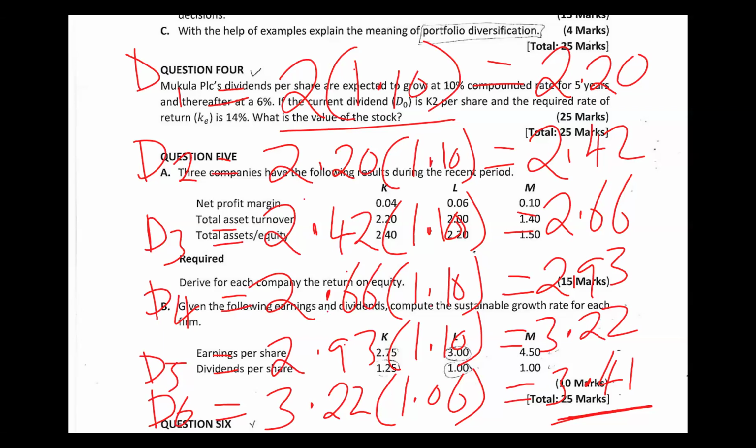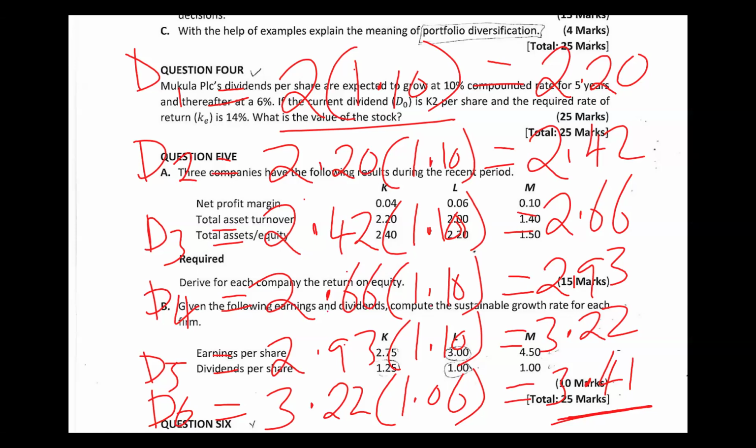On D3, 2.442 times 10%, what does it give you? I think I've mixed up the figures. I was using the 2.66, the one you found, to find the next one. For D4, 2.66 times 1.1, what do you get? I'm getting 3.5, so I just need confirmation.